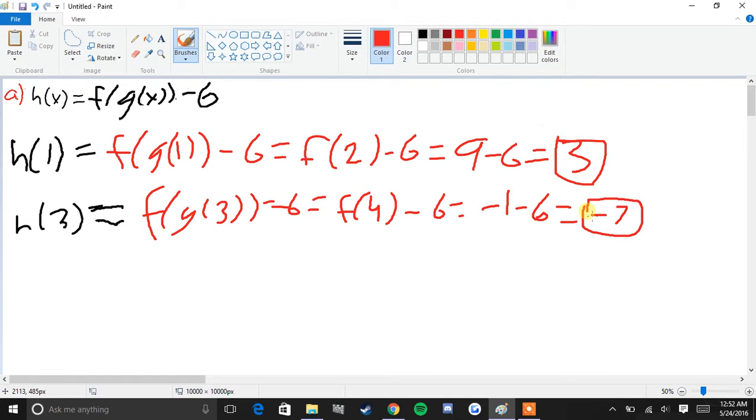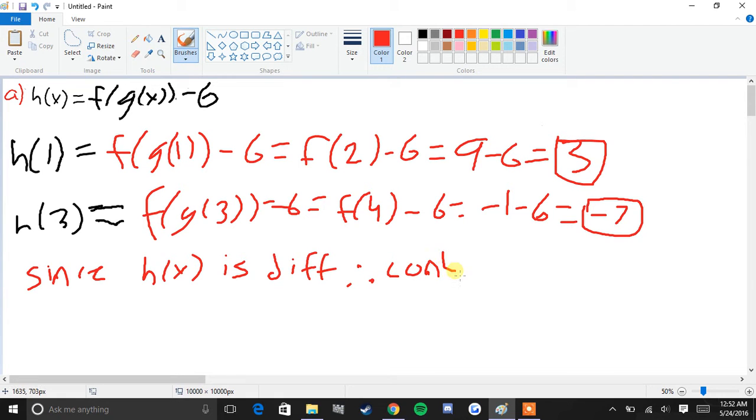Since h of x is differentiable on this closed interval, it's therefore going to be continuous on it. h of 3 is less than -5, which is less than h of 1.